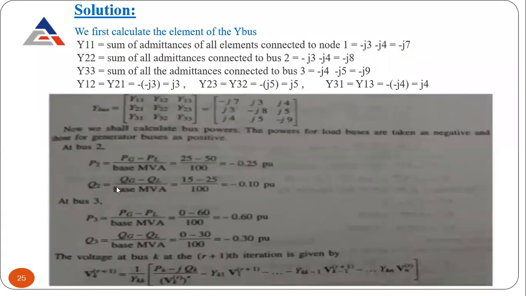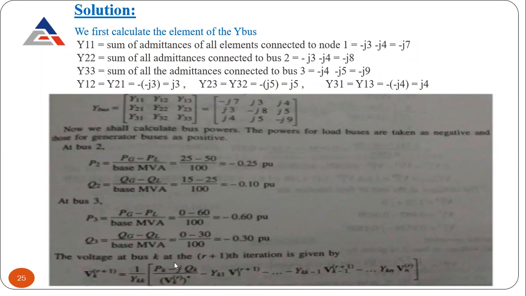Okay. And similarly, Q2 comes out to be 15 minus 25 divided by the base, and it comes out to be -0.10 per unit. And similarly for P3 and Q3, there is no generated power on bus number 3. Okay, so here the values are 0. Okay, so these are our per unit values for P3 and Q3.